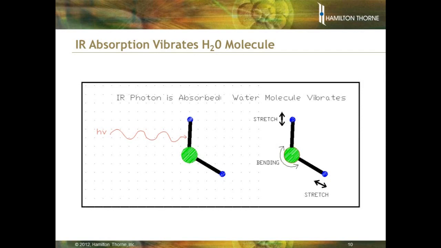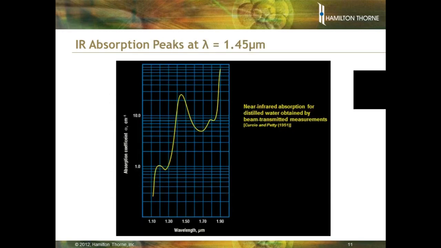You might think of them as elastic onto each other, and they begin to vibrate. When the photon reaches them, they stretch and they bend, and that is how the energy gets into the water. It's then very quickly changed into ordinary heat, and that's what has the effect that we normally work with.